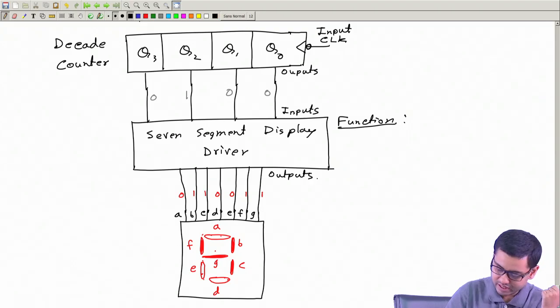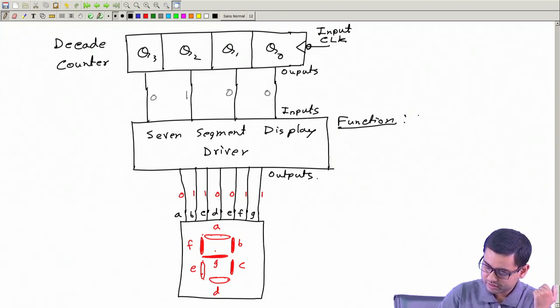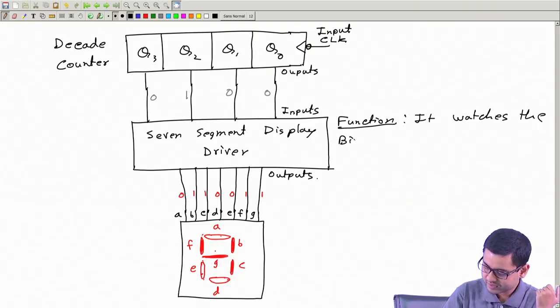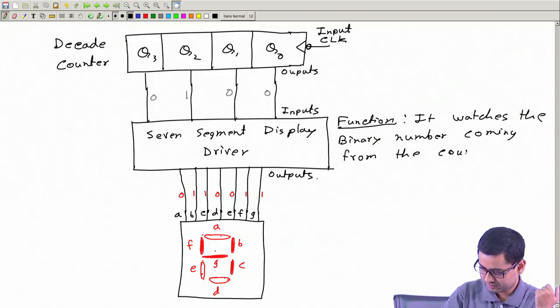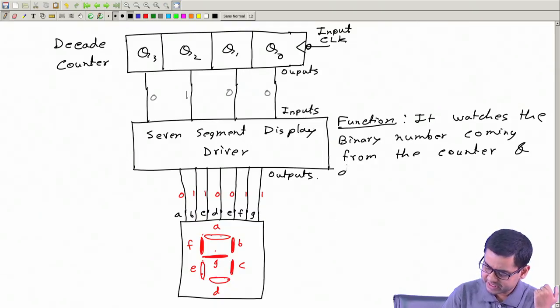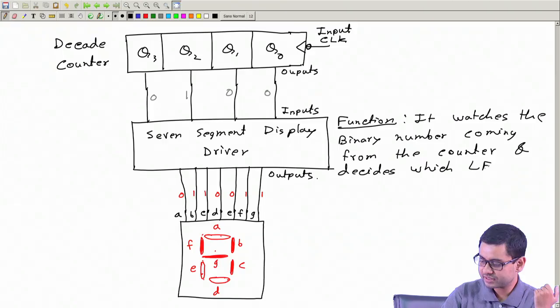So if I write that, it watches the binary number coming from the counter, and decides which LEDs to turn on or off.